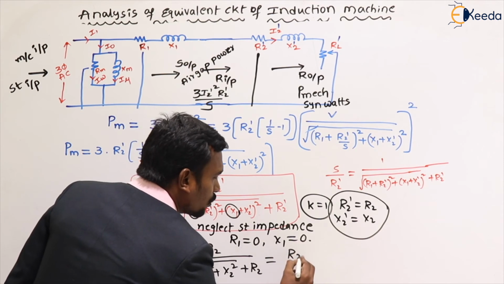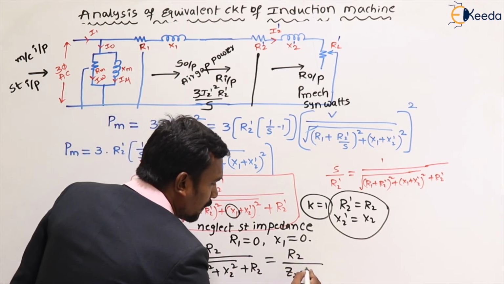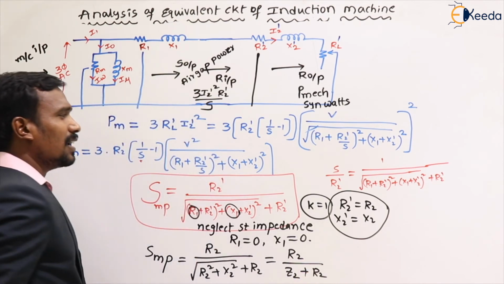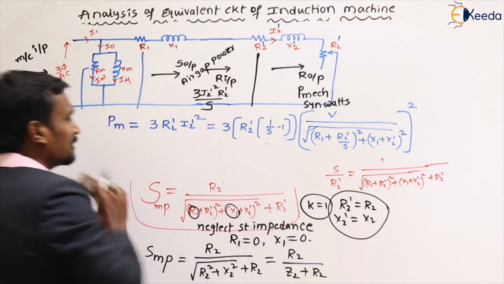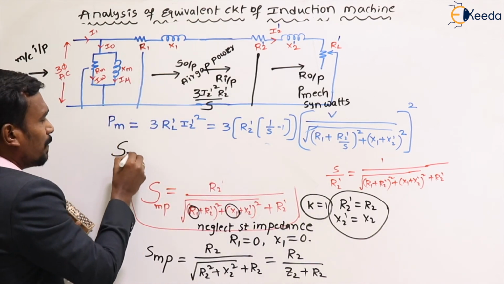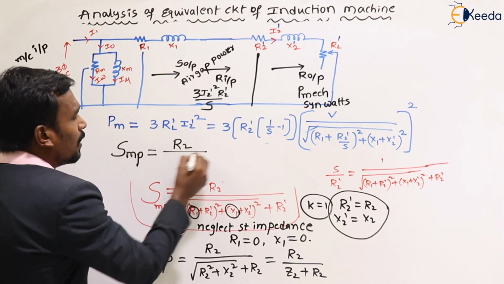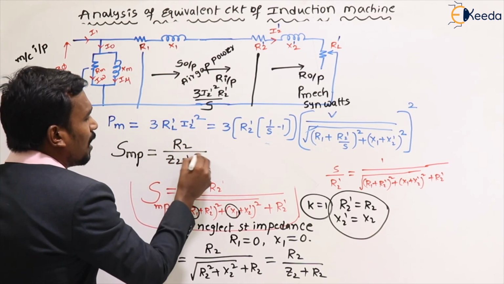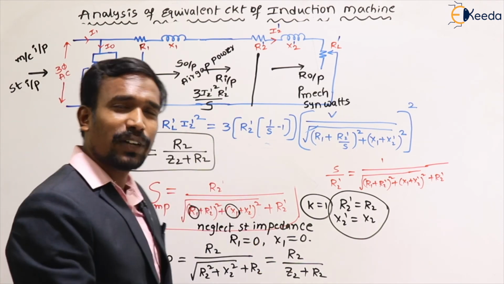Simply, R2 upon Z2 plus R2. This is the final condition.